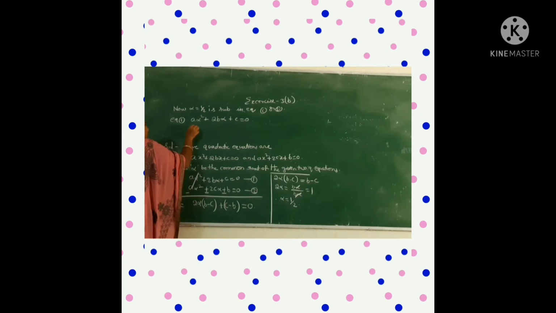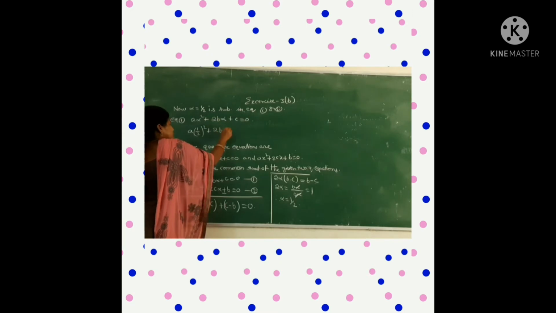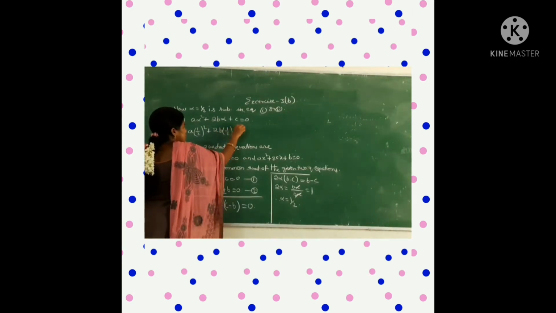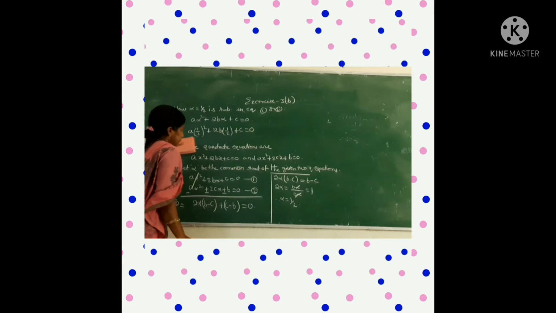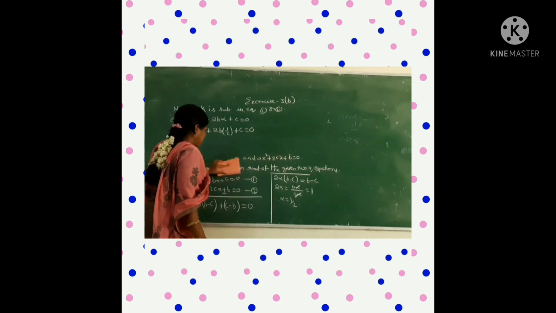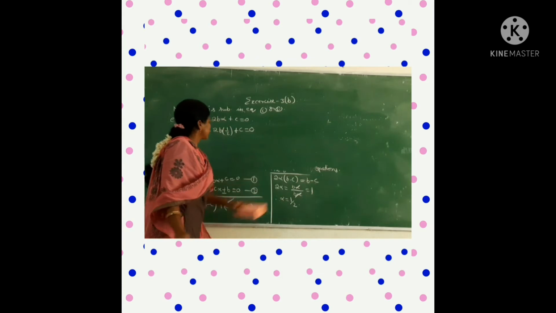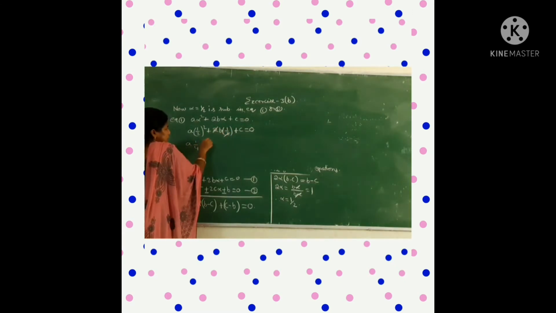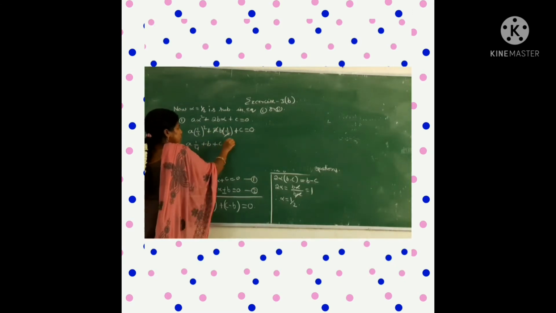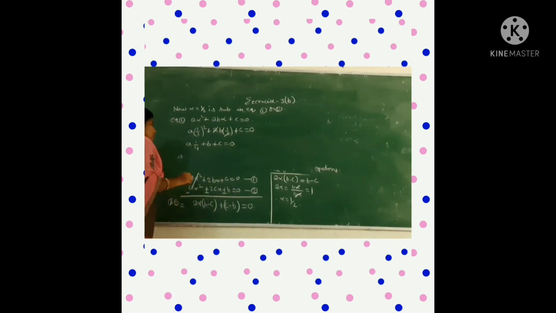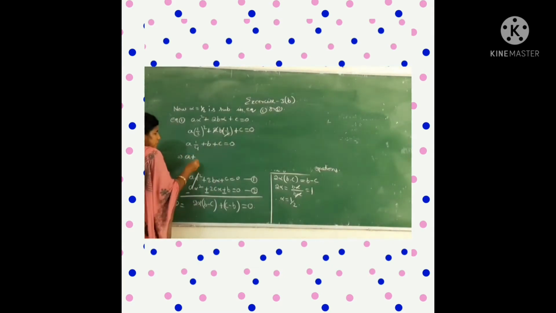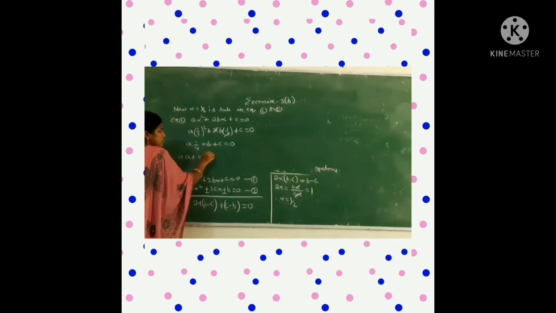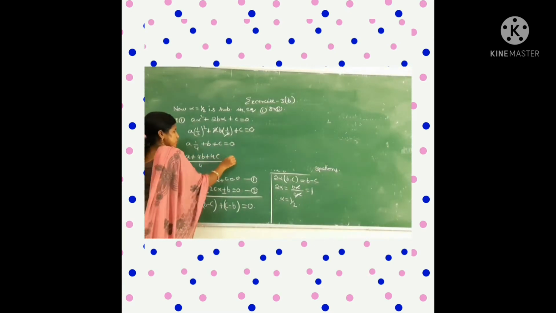A times 1 by 2 whole square, which is 1 by 4, plus 2b times 1 by 2, the 2 cancels, gives b, plus c is equal to 0. Now taking the LCM, a plus 4b plus 4c by 4 is equal to 0.